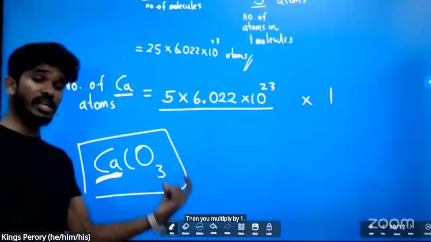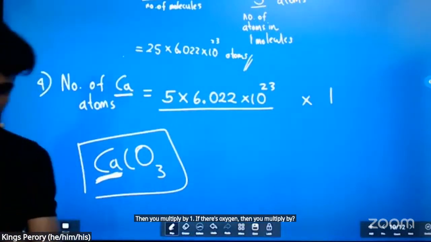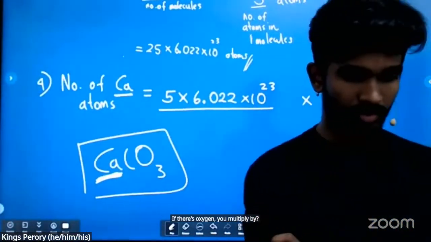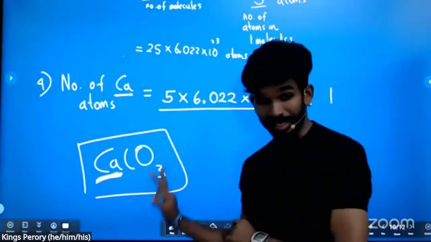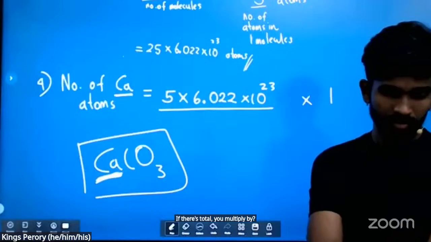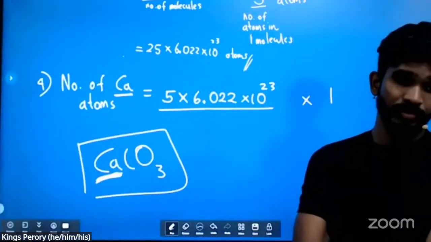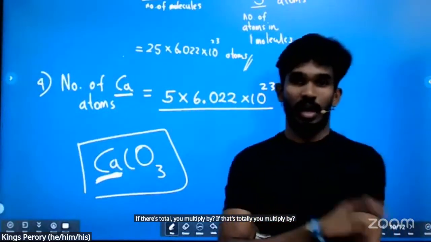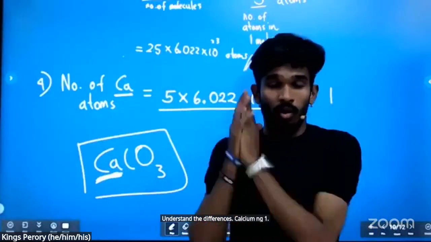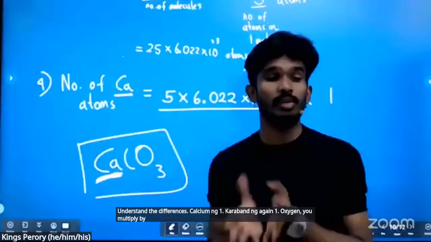If it is oxygen, then you multiply by 3. If it is total, you multiply by 5. Understand the differences? Calcium, 1. Carbon again, 1. Oxygen you multiply by 3. Total you multiply by 5.